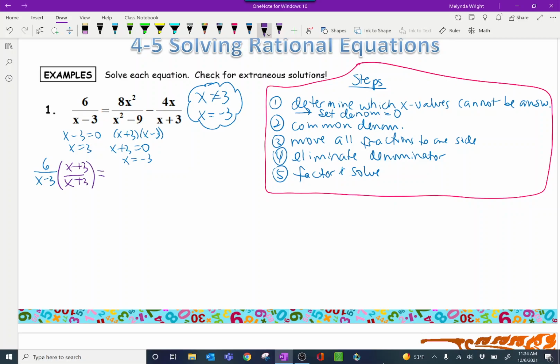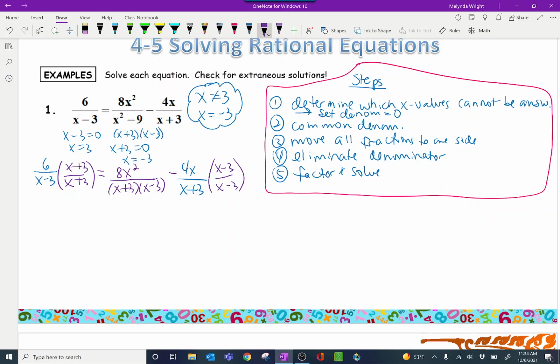I take my second fraction and it has the proper denominator. It already has x plus 3, x minus 3, so I'm going to leave it alone. My third fraction, what does it have? It has an x plus 3, so I need an x minus 3 over x minus 3.